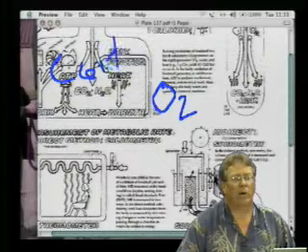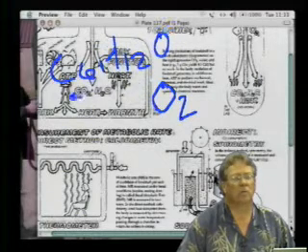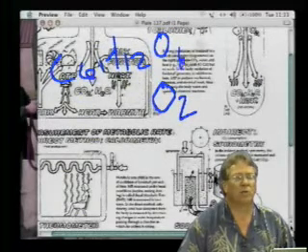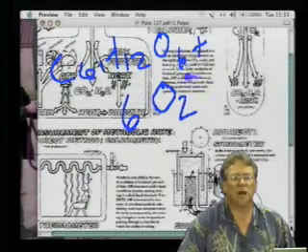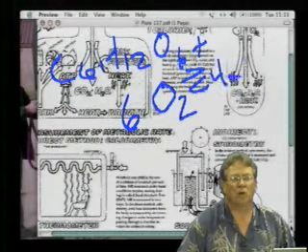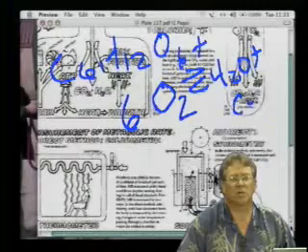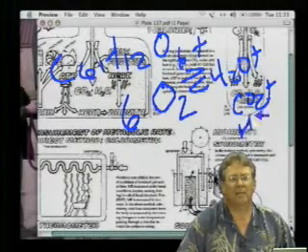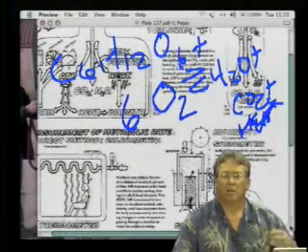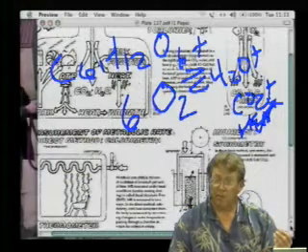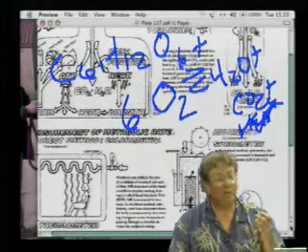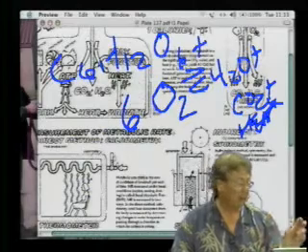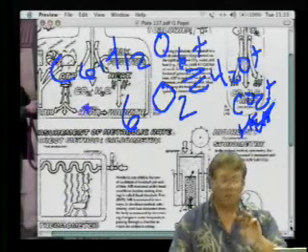Remember our equation for the oxidation of glucose: C6H12O6 plus 6 O2 goes to 6 H2O and 6 CO2 and heat. You maybe trap some of that heat energy in the form of ATP, but eventually you're going to use that ATP to pump ions and to move your muscles.